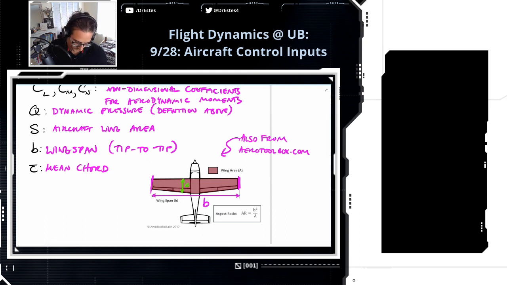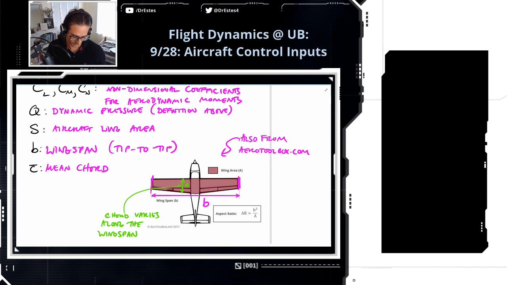But notice the chord varies along the wingspan. In general, the chord is going to be thicker or wider, whatever you want to use, close to the fuselage, and then it tapers out towards the wing tip.